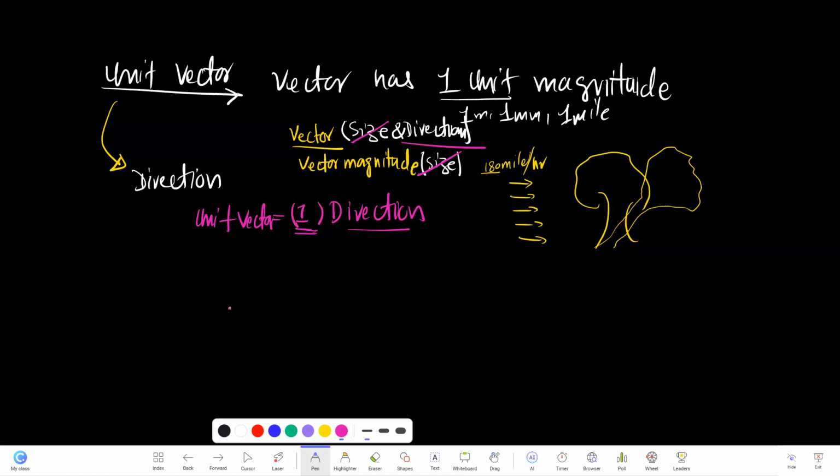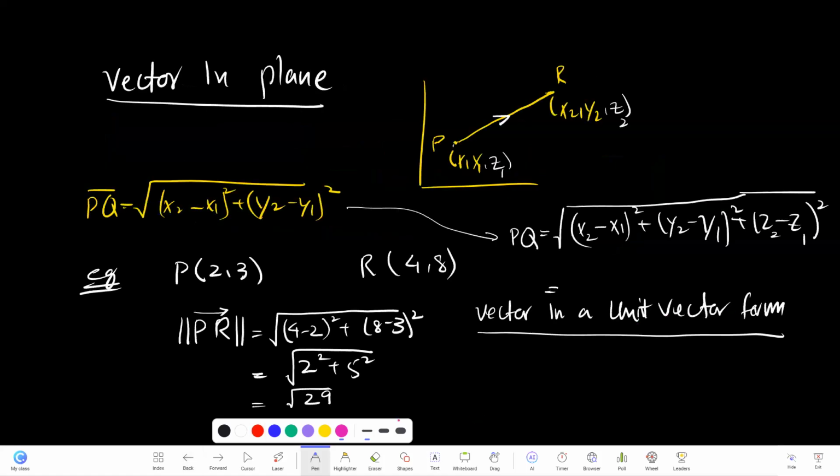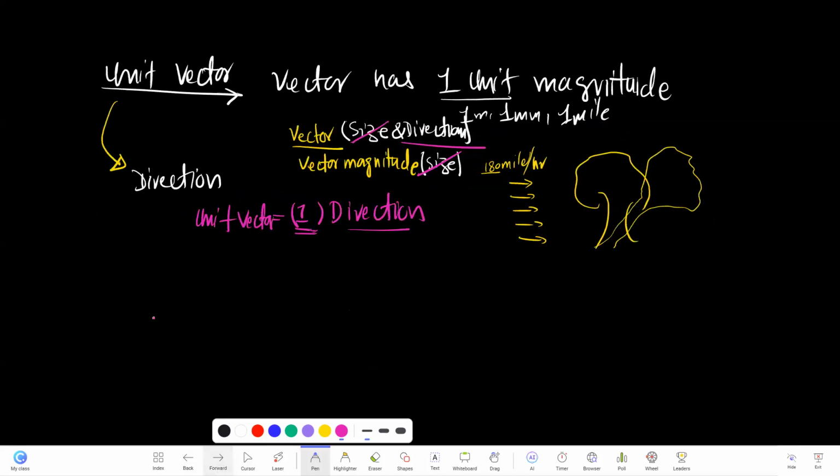I'm going to complete this before I go back to this slide and talk about unit vector form. So let's complete this one. We're also learning about unit vectors. Let's suppose I give you a vector P, and I give you 5i, 3j, 7k.